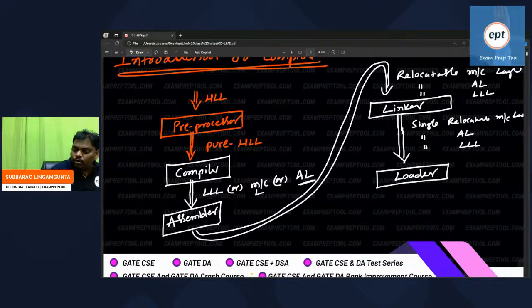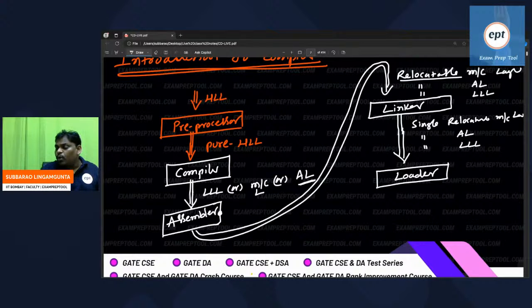If at all it has to move, you have to give your code to assembler first. What the assembler will do is it will make some changes in the program in such a way that it can relocate anywhere. Without assembler, if you move the code from the hard disk to main memory or cache memory, you may lose something in the program.